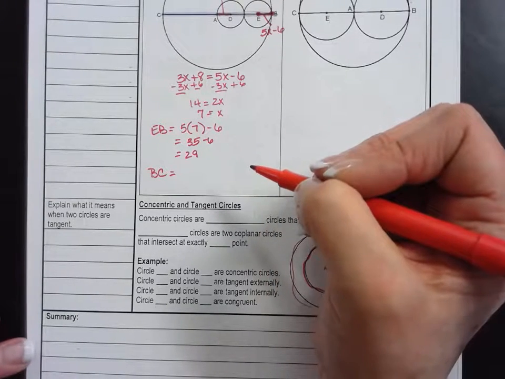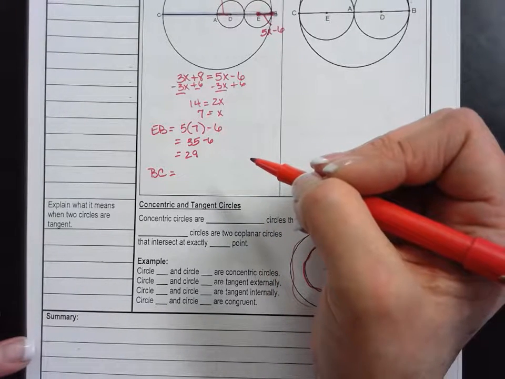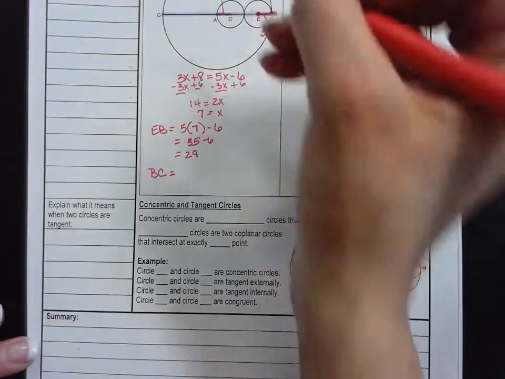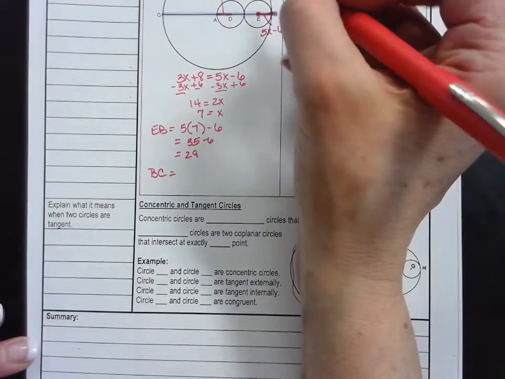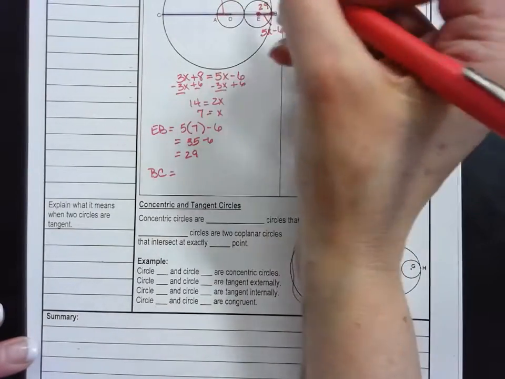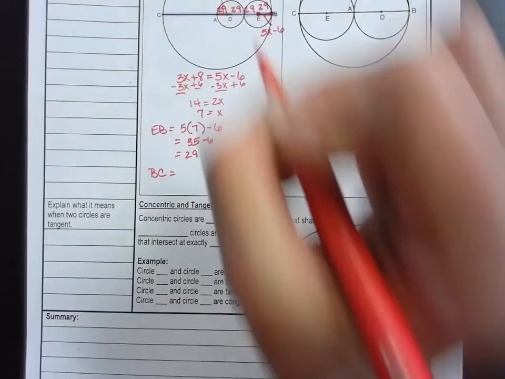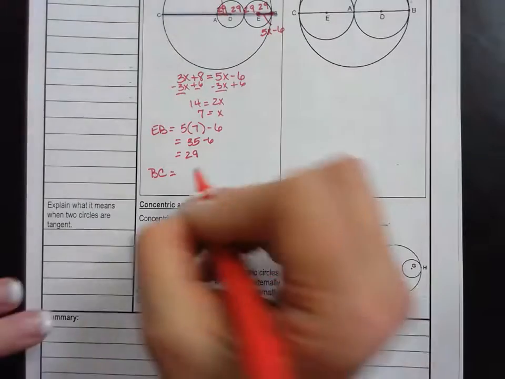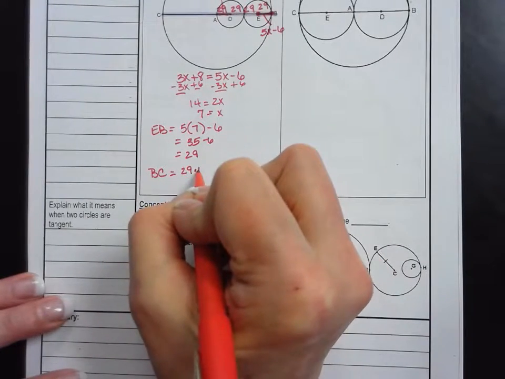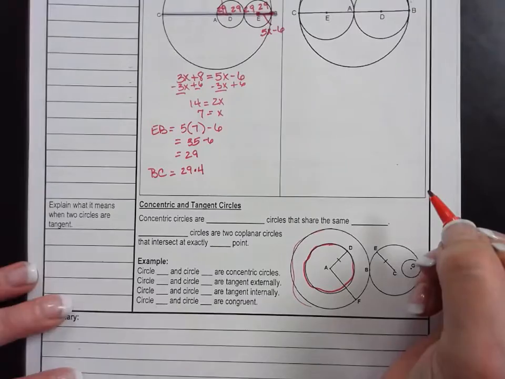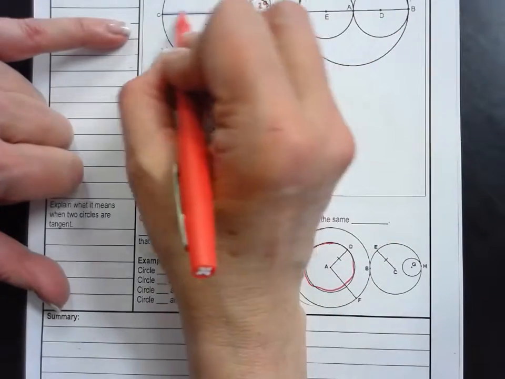What do you think? You could multiply it by 4 because there are 4 radii from the radius of the big circle to its point. Those are all going to be equal, right? All right, so 29 times 4 is going to give me my radius, but I want the actual diameter.